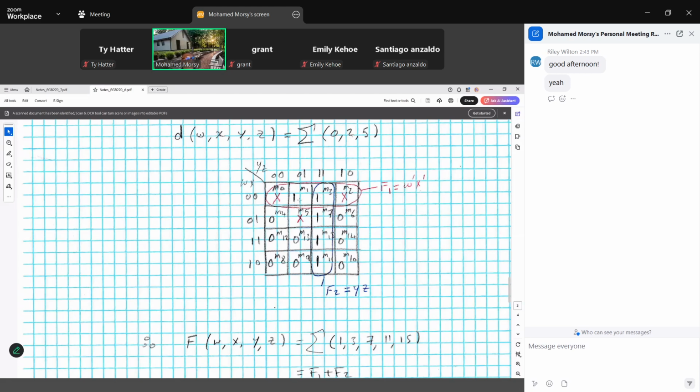But with the advantage of these don't cares, which we can consider as ones in this case, we can take the whole group as one group, like we have 4 adjacent ones now. So of course this gives more simplification.